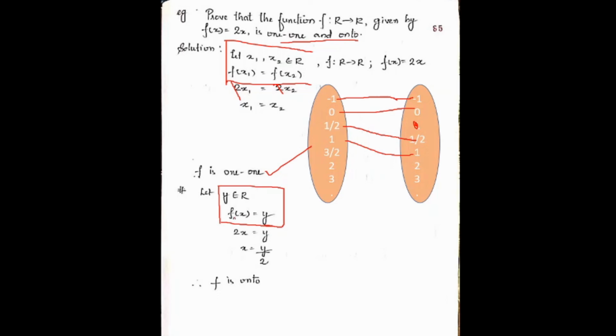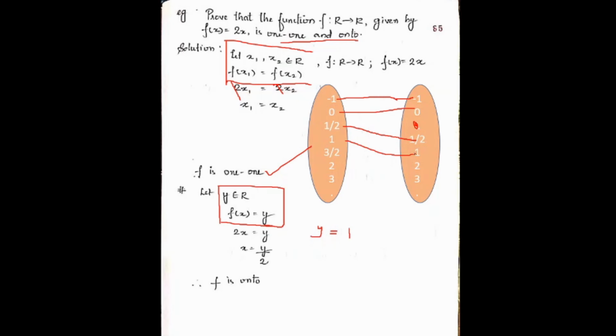Okay. So f of x is equal to y. 2x is equal to y. What is f of x? 2x. 2x equal to y. x is equal to y by 2. If y can take any value, we'll take 1.